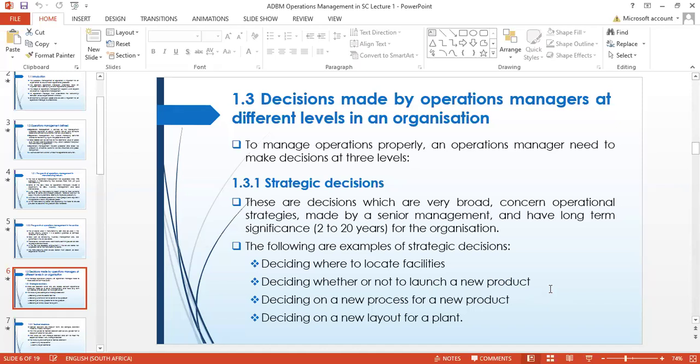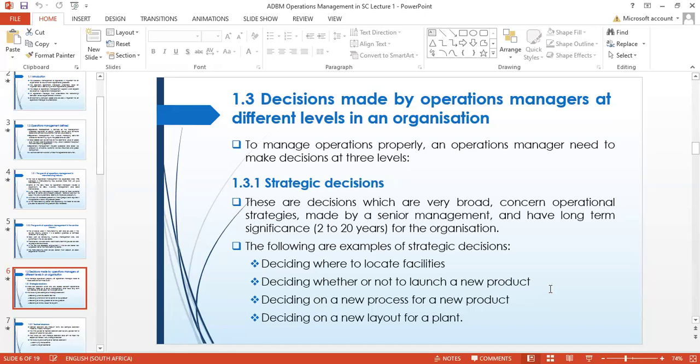Any business that you can think of that is expanding, when it wants to locate facilities in the Western Cape, in KZN, in Gauteng, Northwest, in Limpopo, in Mpumalanga, in Free State, it is the senior managers who decide. So they look at an area whether they will be able to get customers, or it will be very convenient for customers to go to their business and buy their products. So they decide.